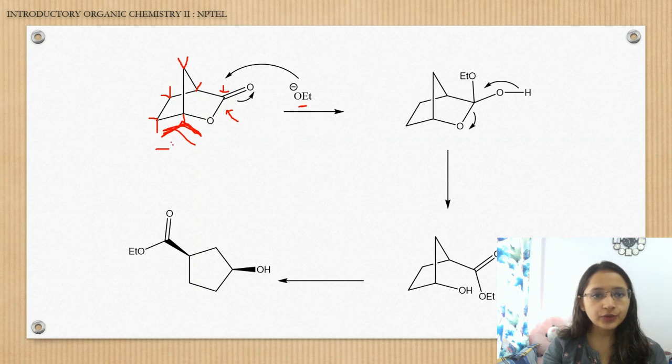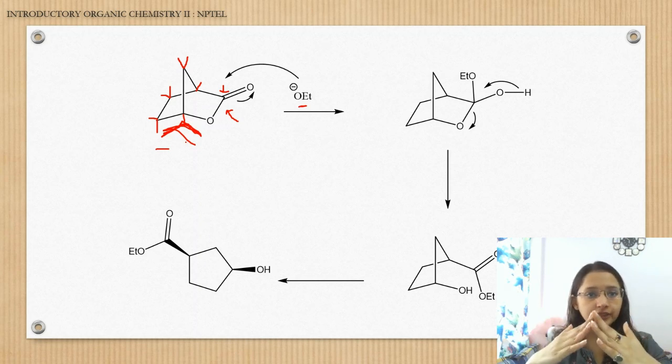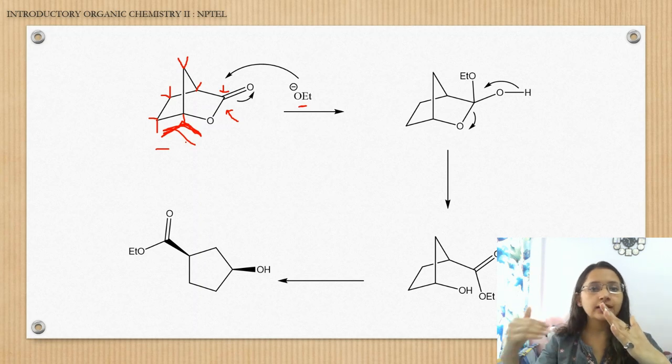Due to this cavity, it is very much hindered here. So the nucleophile cannot add from the below side because of the cavity. This cavity will hinder the attack of the nucleophile from the below side, so the nucleophile has only one option, to come from the above side.